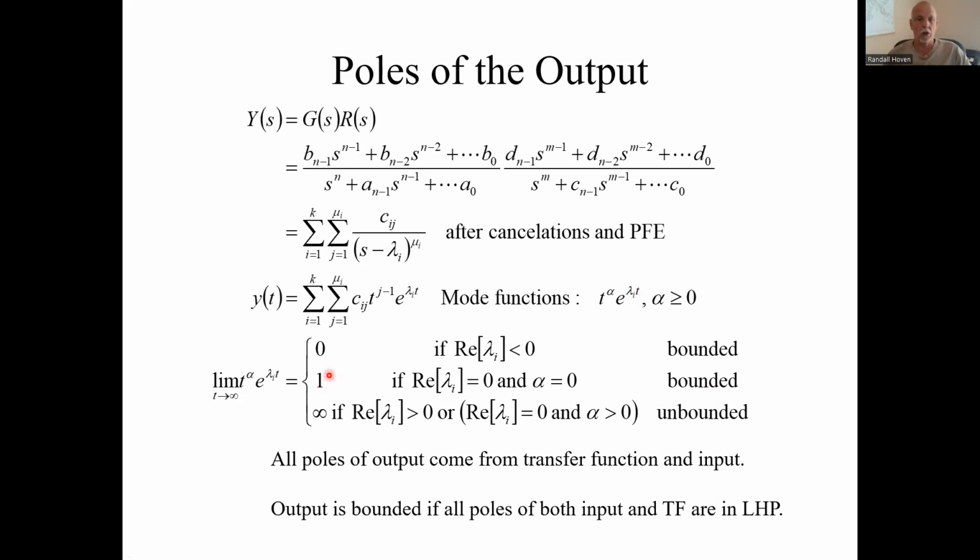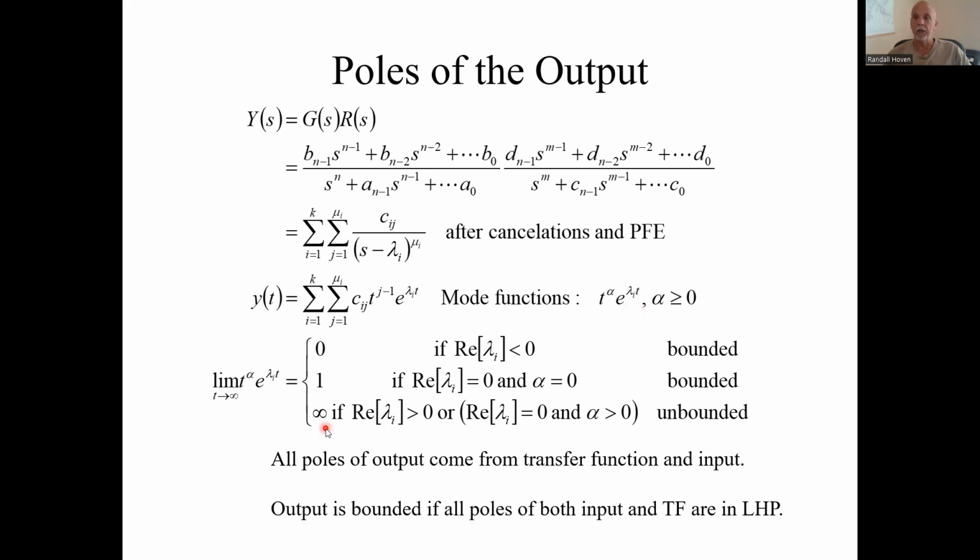It's just one, or a sinusoid with an amplitude of one. If the real part of this pole is greater than zero, or it equals zero but alpha is greater than zero, meaning that pole is repeated, this thing will grow off to infinity.